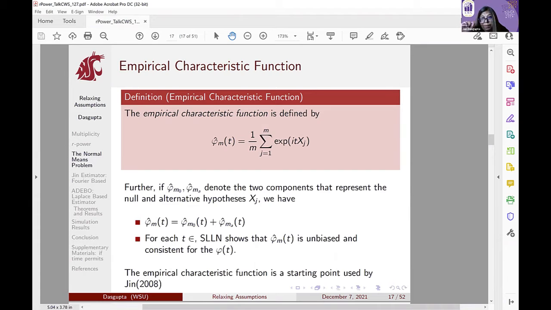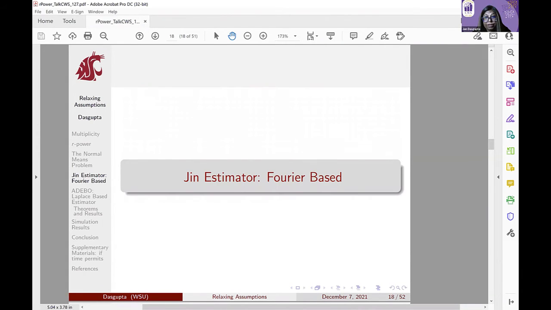Now the problem is trying to come up with a function that we can actually estimate. So the Jin estimator that I talked about essentially uses the characteristic function, but then what it does is use a Fourier transform to calculate a function that really mimics and has all the properties of the characteristic function.